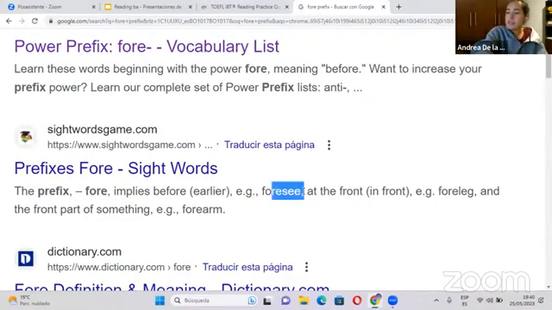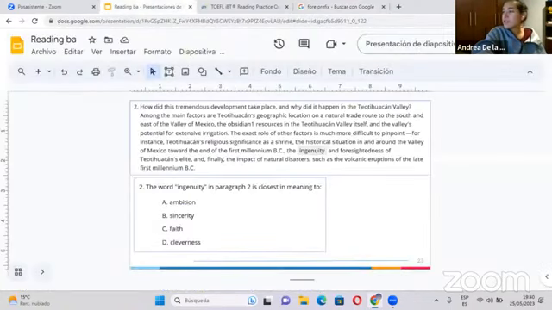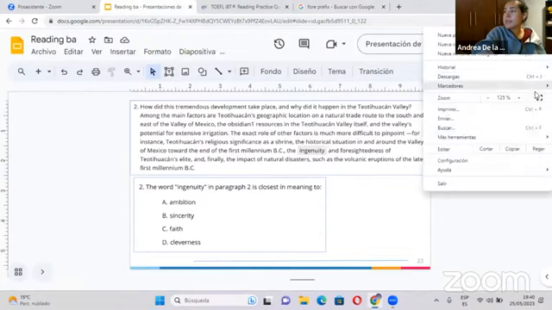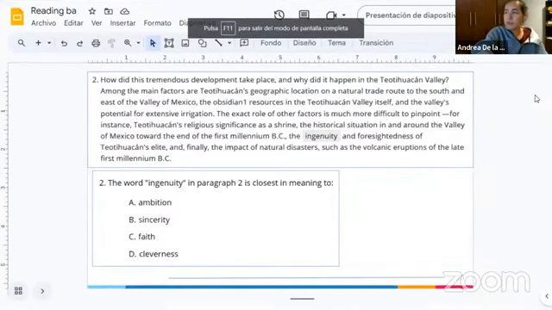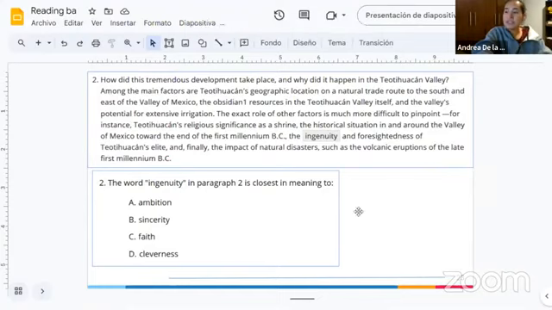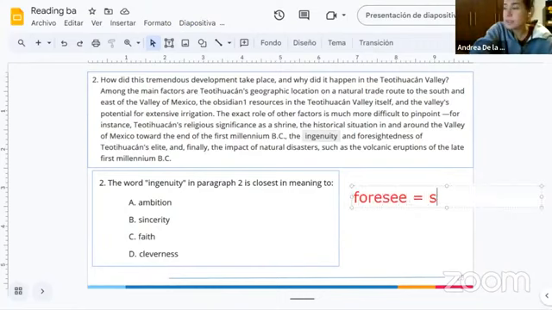Foresee, before, okay? Foresee and foresight are related, by the way. So foresightedness, guys, actually means to see before, to see something before it happens. To foresee something means to predict something. Okay, foresee means see before it happens, to predict.